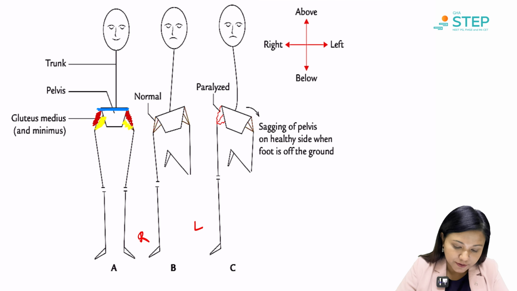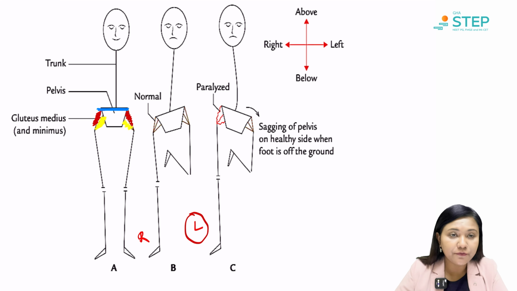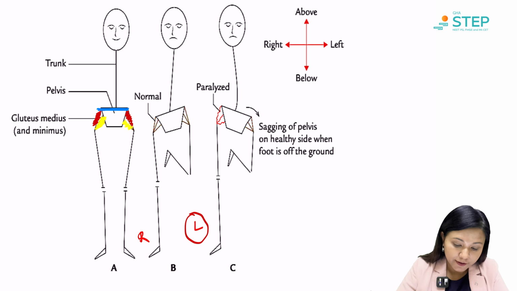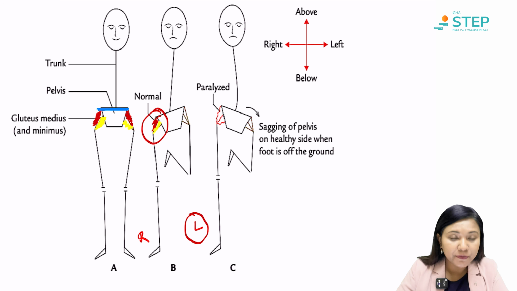Now what happens if one of the feet is off the ground? Say the left foot is off the ground, then the gluteus medius and minimus of the right side will contract, and it will prevent the pelvis from sagging down. It will tilt the pelvis up, but prevent it from sagging.